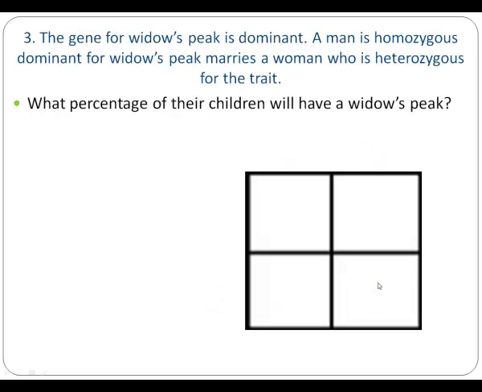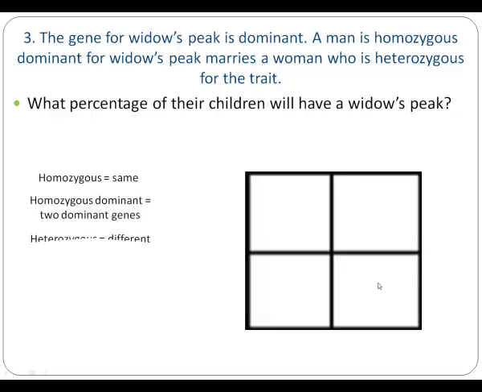The gene for widow's peak is dominant. A man is homozygous dominant for widow's peak, and a woman is heterozygous for the trait. Homozygous means the same. Homozygous dominant means two dominant genes. And heterozygous means different.